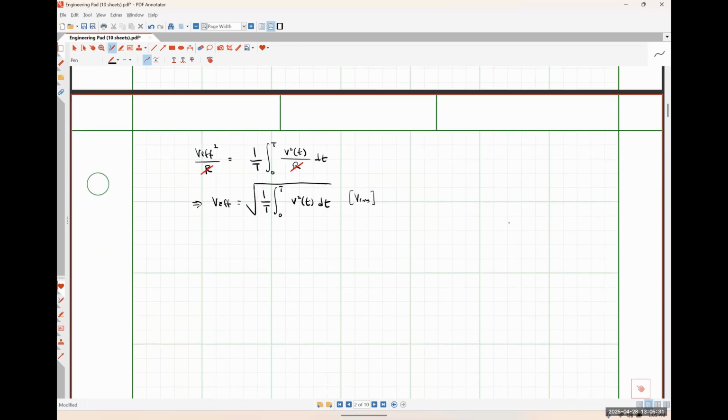Okay. Following an extremely similar derivation, we could wind up seeing that I effective would be the square root of 1 over t times the integral from 0 to t of I squared dt. And our effective value for our current would be in amps RMS, because once again, we just took the root of the mean of the square of our current waveform.